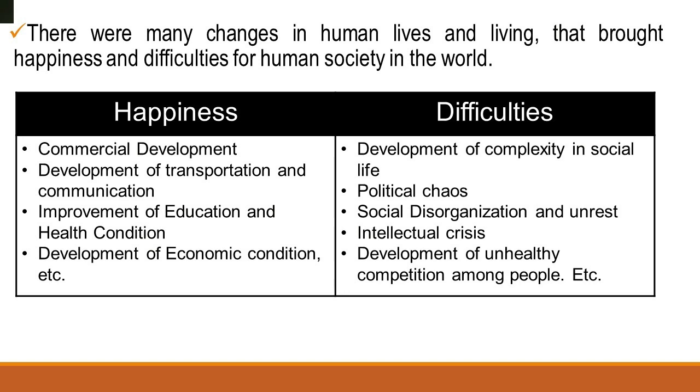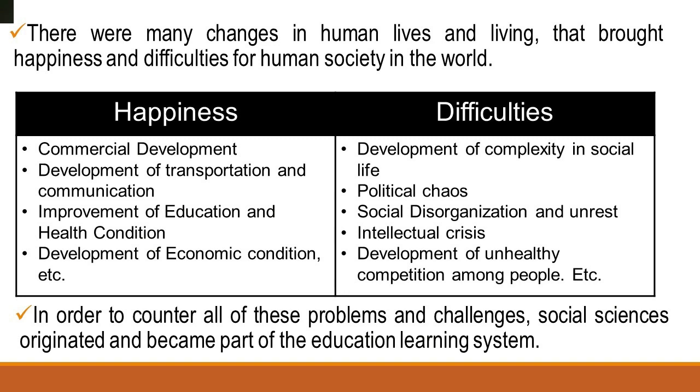You have development of complexity in social life, political chaos, social disorganization and unrest, intellectual crisis, and development of unhealthy competition among the people. In order to counter all of these problems and challenges, social science originated and became part of the education learning system.